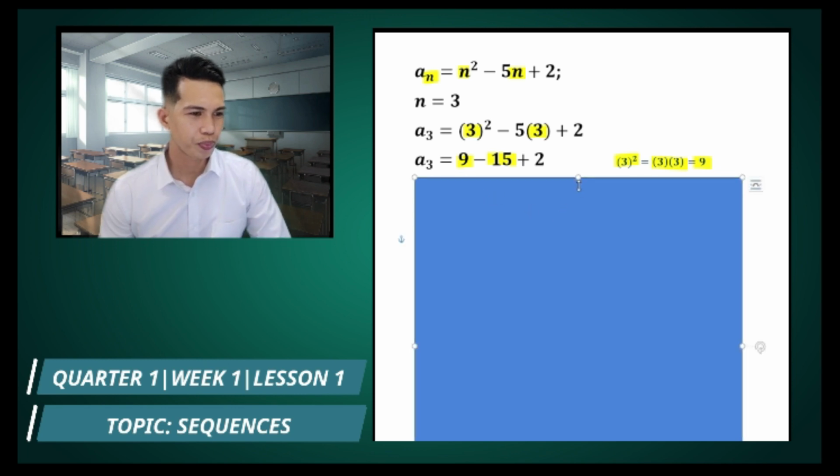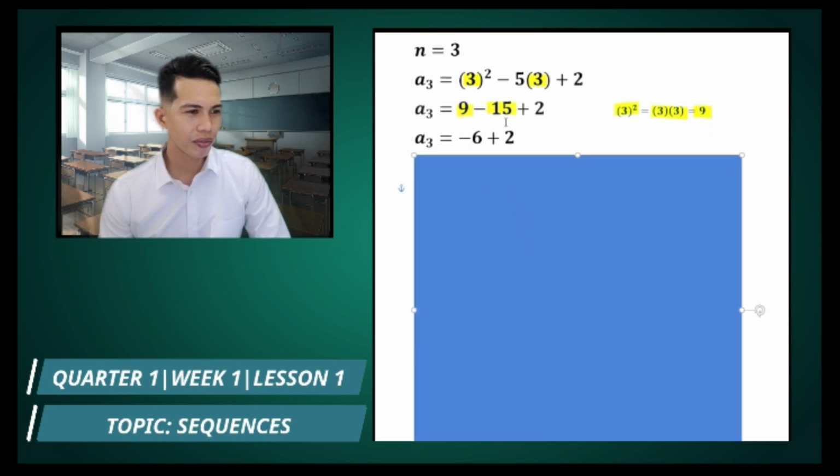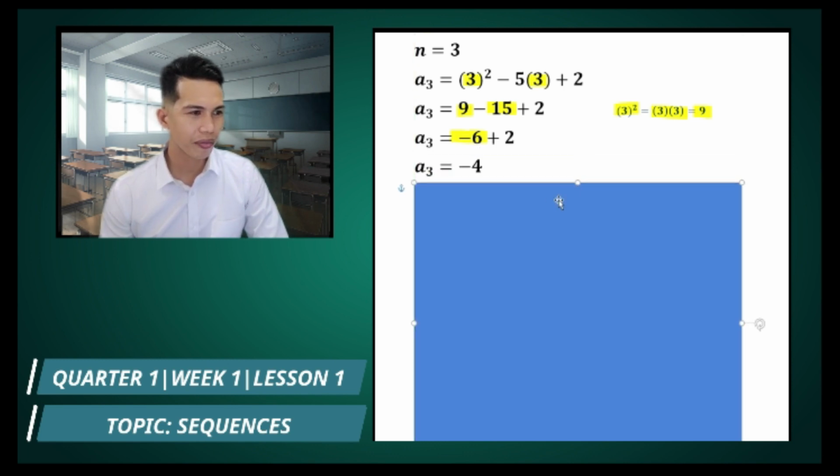Then plus 2. Simplify. 9 minus 15 is equal to negative 6, since 15 is greater than 9, we have negative. Then subtract 9 from 15, 6. Then plus 2, negative 6 plus 2, we have negative 4. Therefore, our third term is negative 4.